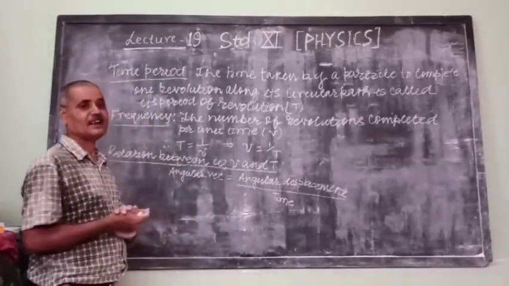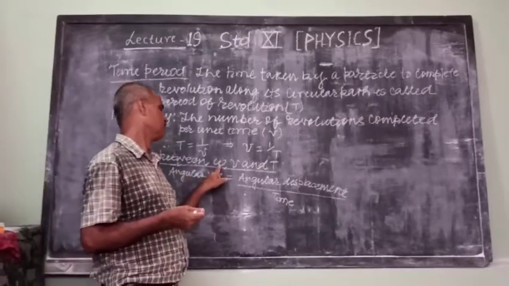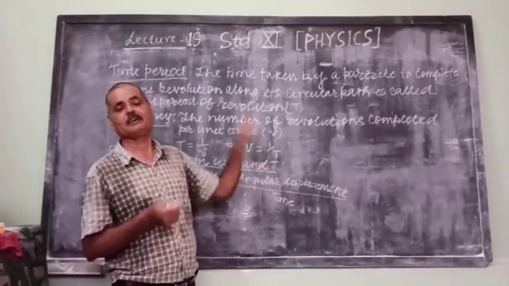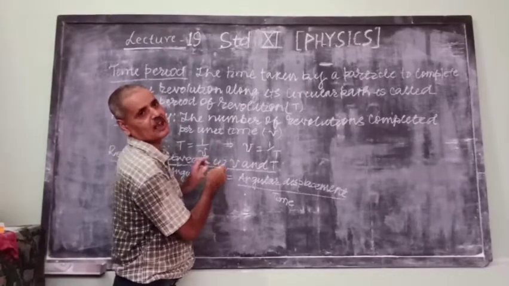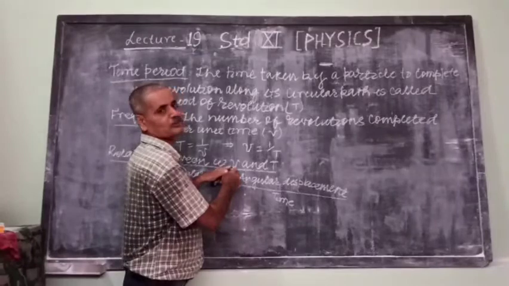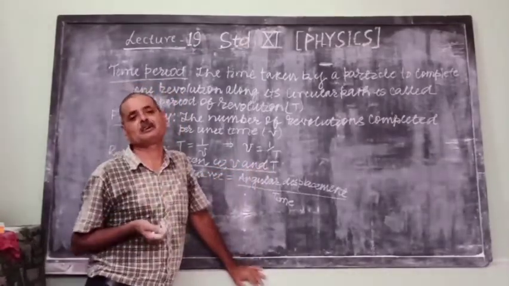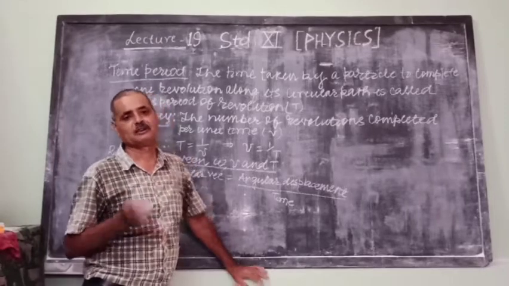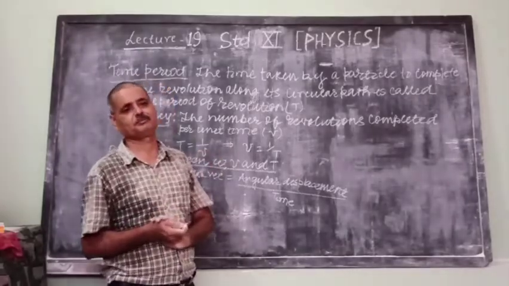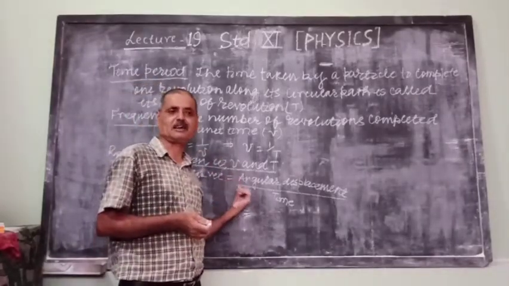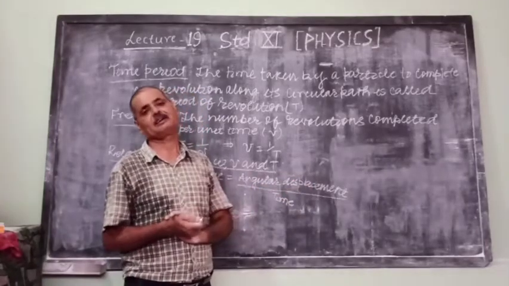And the next term is the relation between omega, nu and T. All the terms are already well familiar. Omega means angular velocity, nu means frequency, and T means time period or period of revolution. We know that angular velocity can be written as angular displacement by time.